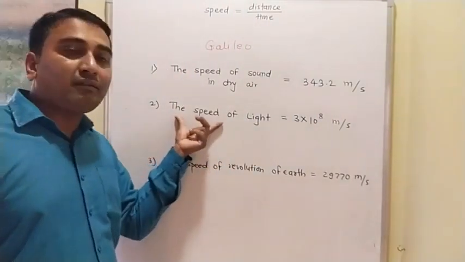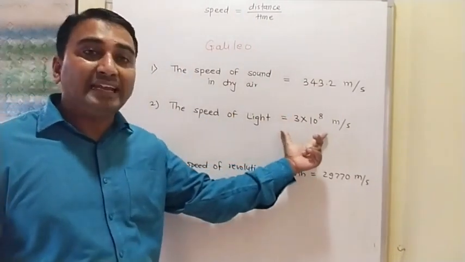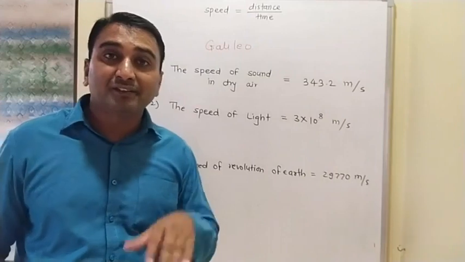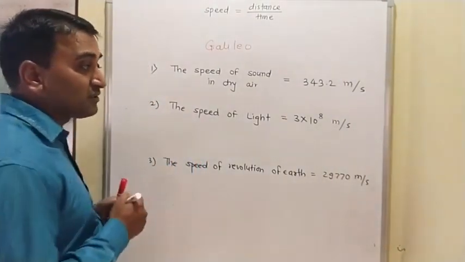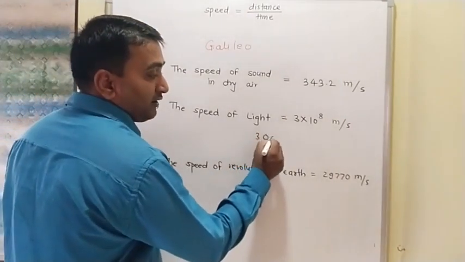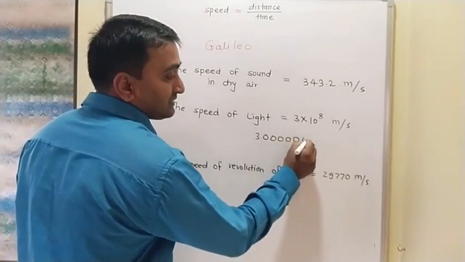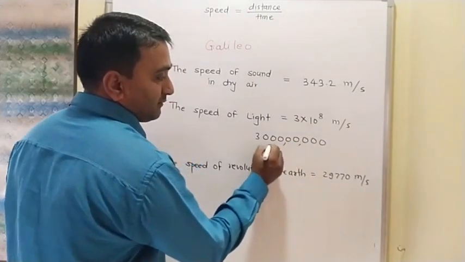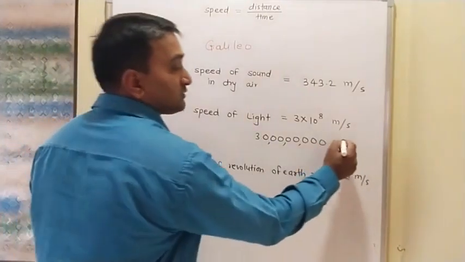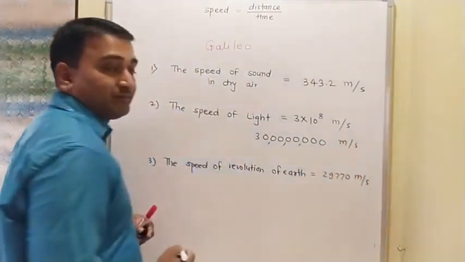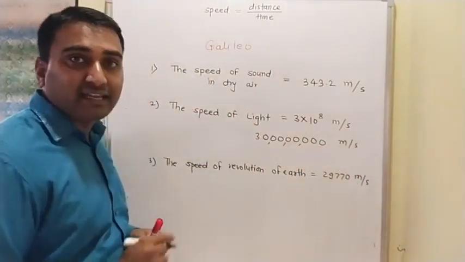Now what is the speed of light? The speed of light is 3 into 10 raised to 8 meter per second. Means what? 3, 1, 2, 3, 4, 5, 6, 7, 8. See, this is the value. This many meters per second that light will travel within 1 second.